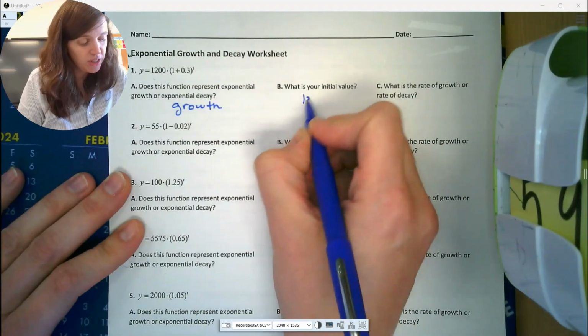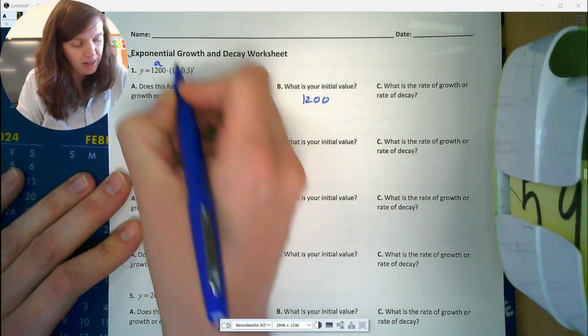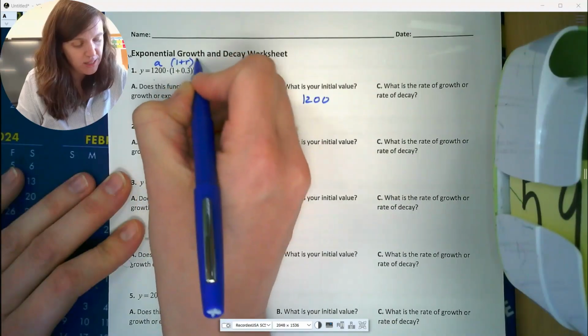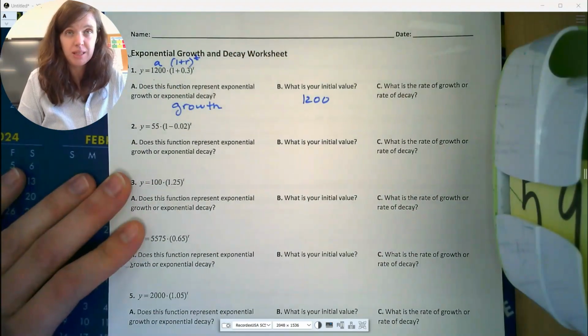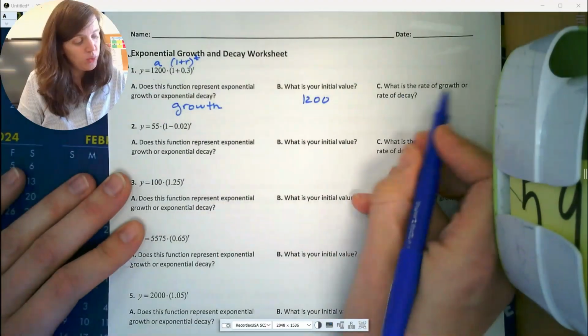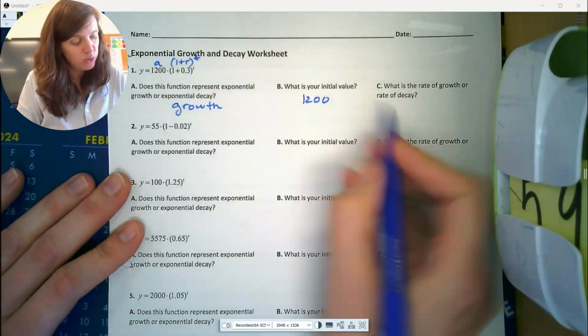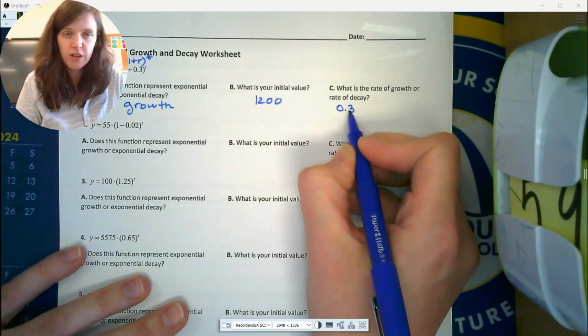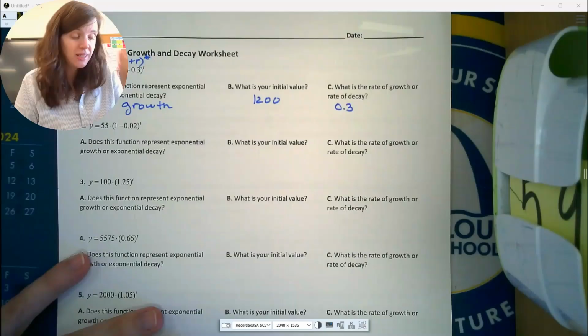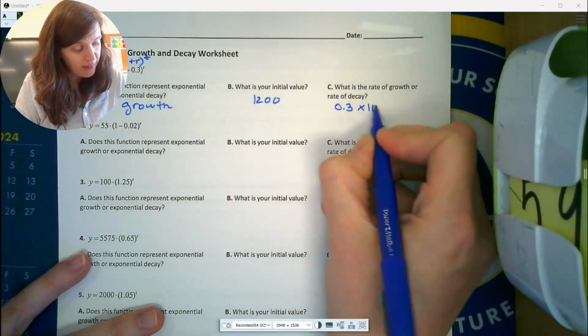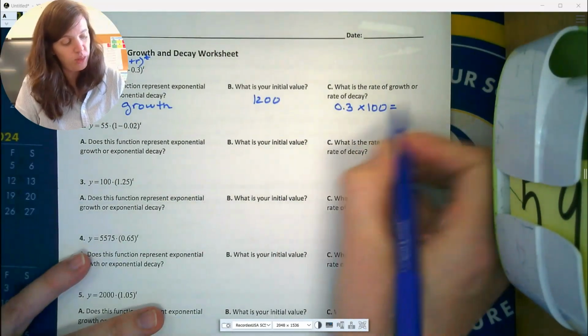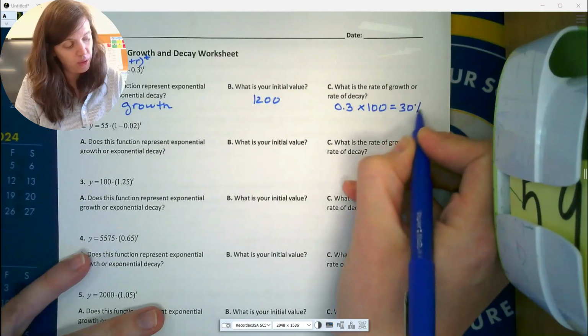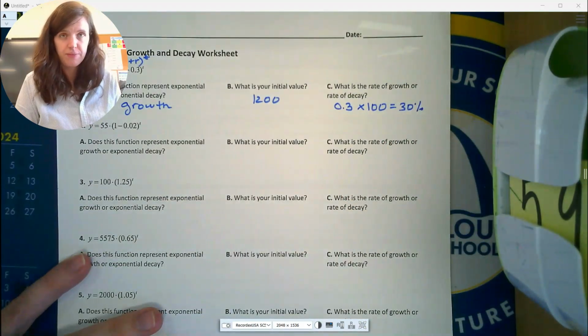So in this case, my starting value is that A. And this is the 1 plus the rate to the t power, t being the time. So what's the rate of growth or rate of decay? In this case, the rate of growth is 0.3. What does that represent? In order to figure out what that percent was, I have to think about multiplying that by 100. If I do 0.3 multiplied by 100, my growth is 30%.